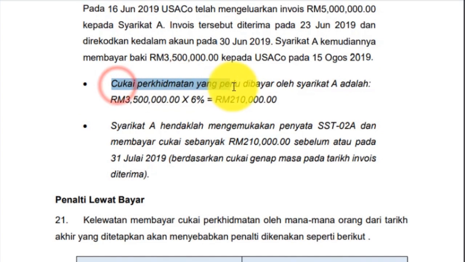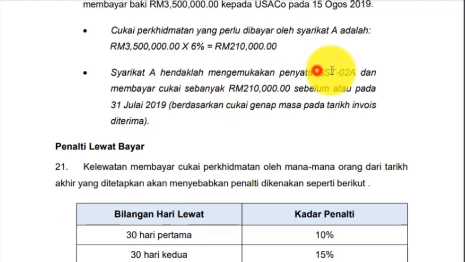The service tax that needs to be paid by company A is the balance multiplied by 6% and you get 210,000, and need to use the SST-02A form and pay this amount, 210,000, before 31st of July.